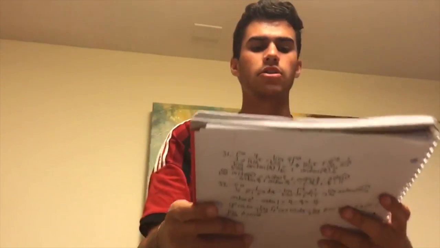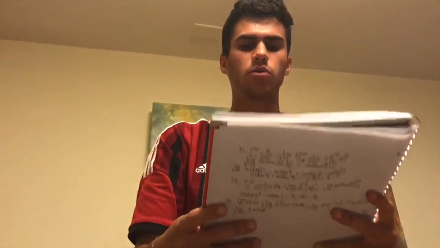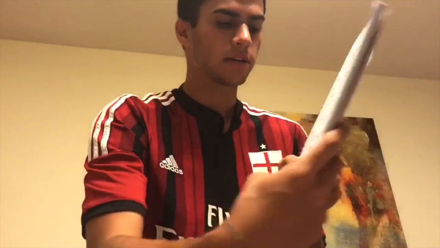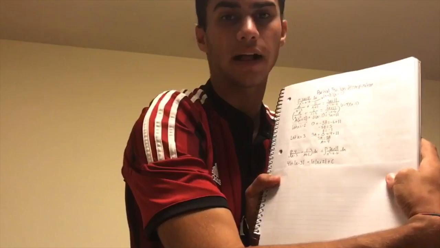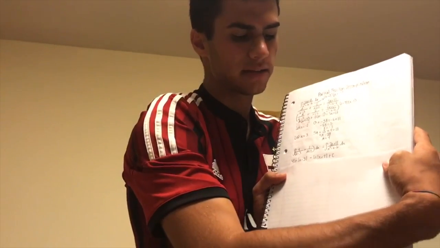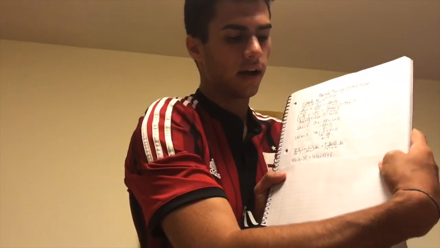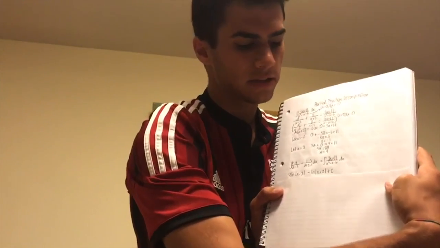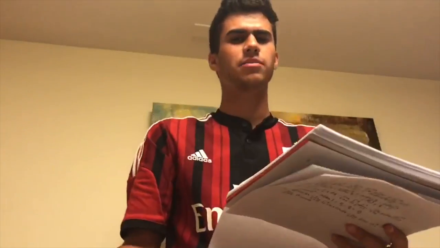Once you integrate it, it will equal 4 times the natural log of the absolute value of x minus 3 minus the natural log of the absolute value of x plus 2 plus C, because you always got to add the plus C.